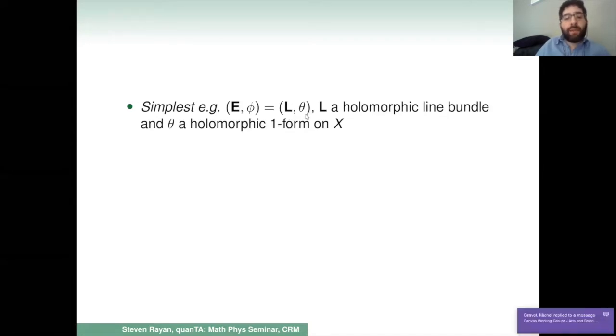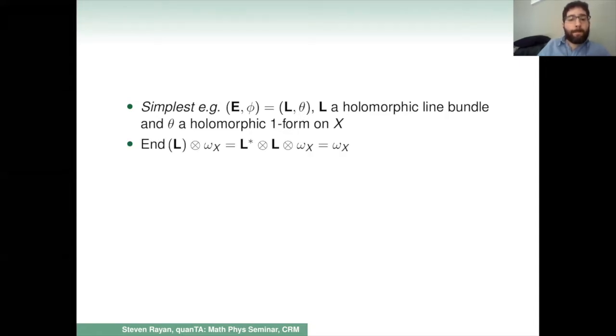And phi here, the Higgs field, will just be a holomorphic one form on X, because a global map from a line bundle to itself is just a scalar, and so we only see the one form part. Another way to say that is that End L is L dual tensor L, which is just the trivial line bundle, and so that goes away, and we're just left with the cotangent bundle part.